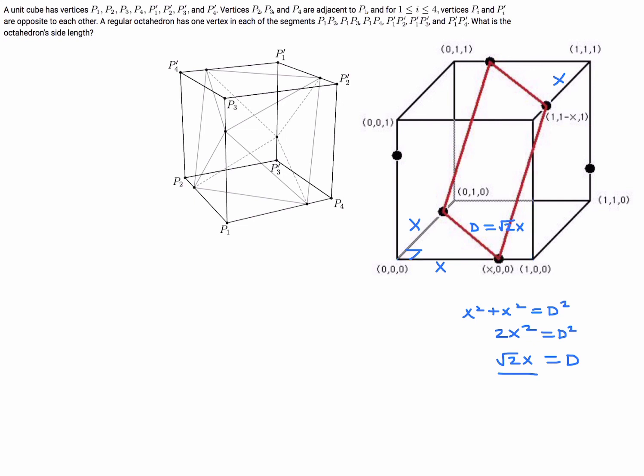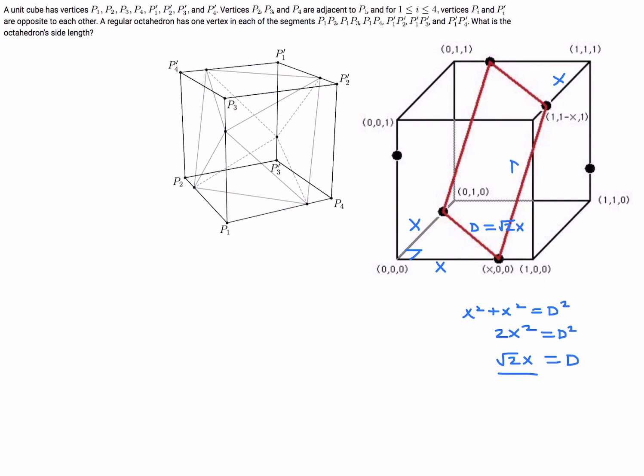So this is appropriately labeled 1, 1 minus x, 1. So now what we can do is use this point, and in particular the distance formula, and that will give us this distance from here to here, and that distance is also d.